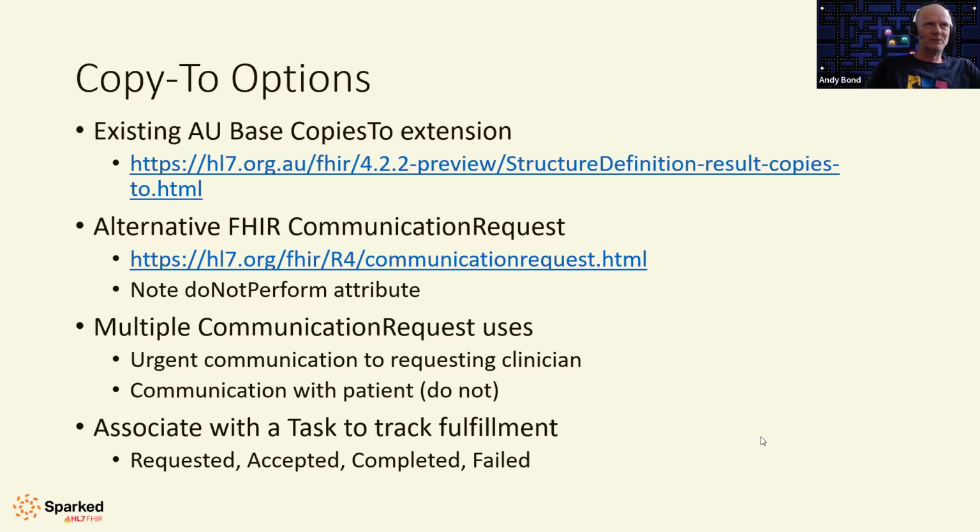The copy 2 extension was done in very early days and was a quick fix. And I think given we have more general needs around communication, it does make sense to have more consistency about applying these kind of things within the communication request structure.